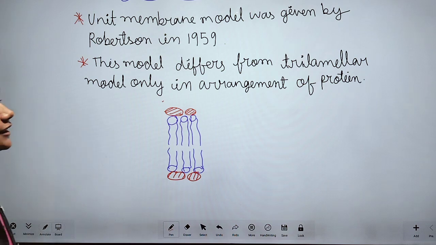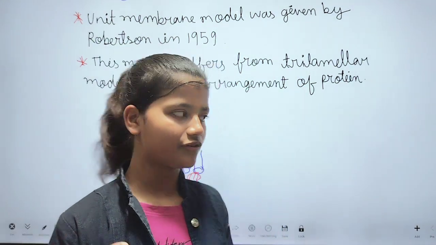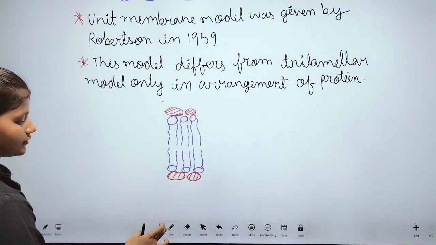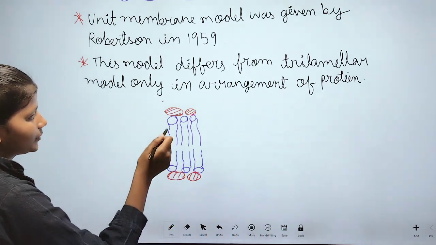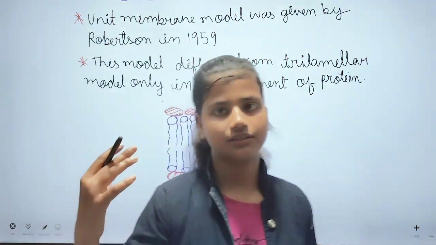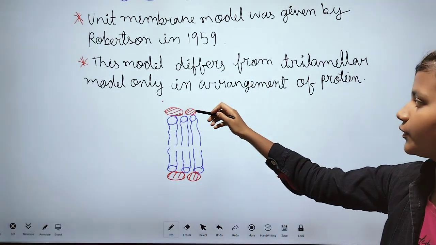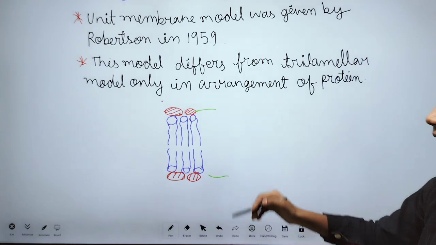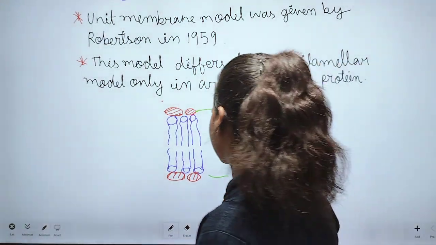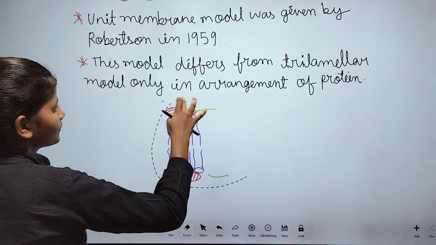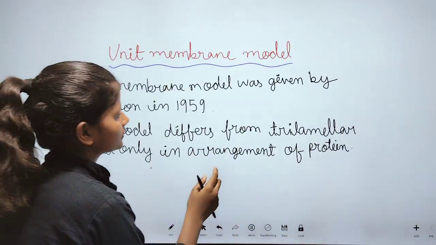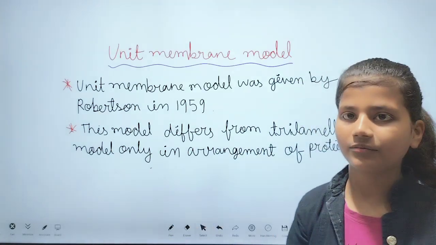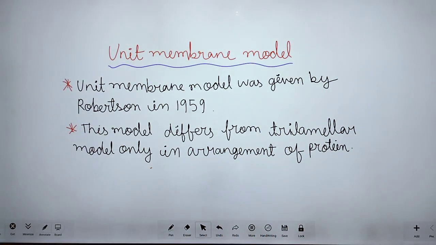We also know that the trilamellar model is known as the sandwich model because lipid is sandwiched between the two layers of protein. This one is the layer of protein. So this is all about the trilamellar model. The unit membrane differs from the trilamellar model only in the arrangement of protein.